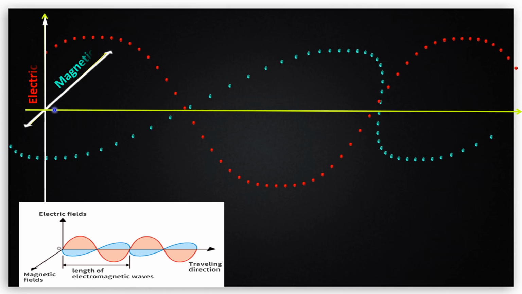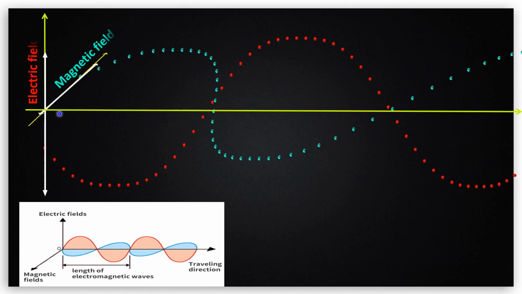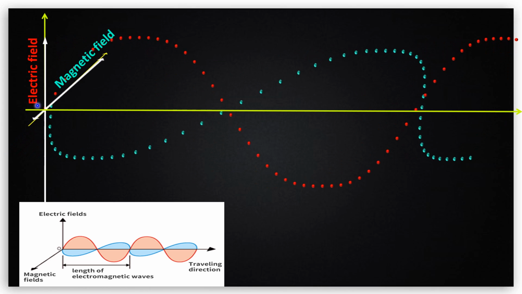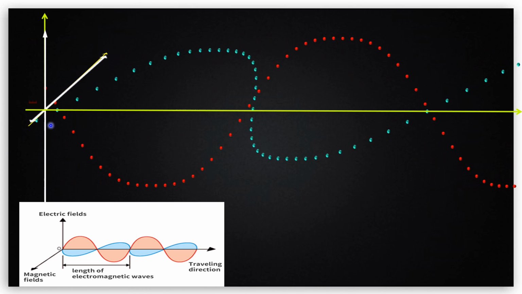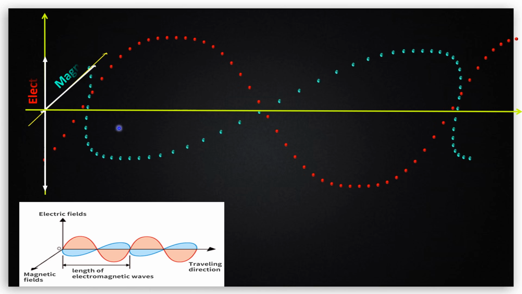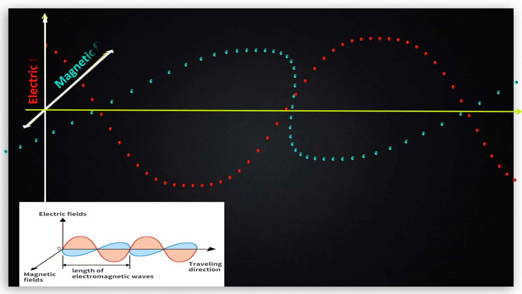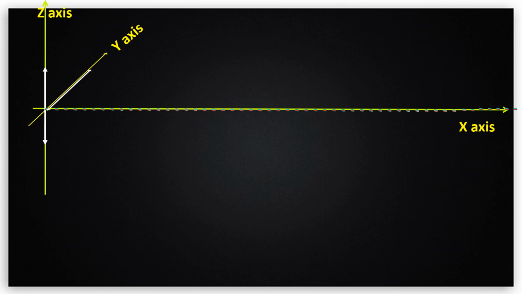Magnetic field is vibrating along this direction, electric field is vibrating along this direction, and the wave is moving along this direction. Okay. So here I have shown clearly, here is the x-axis, y-axis and z-axis. Along the x-axis, the wave propagates. Along the y-axis, the magnetic field vibrates. Along the z-axis, the electric field vibrates.